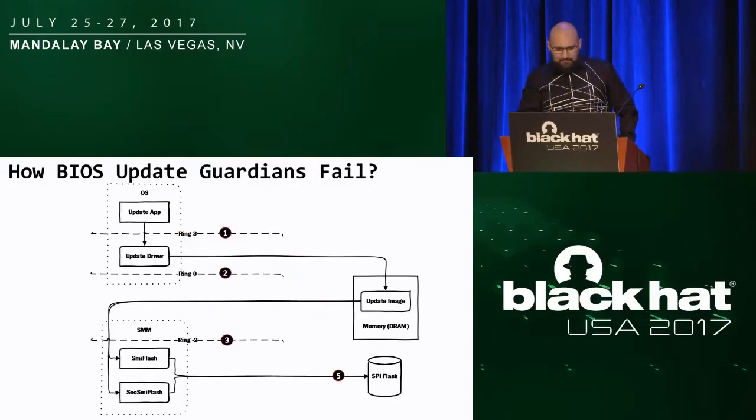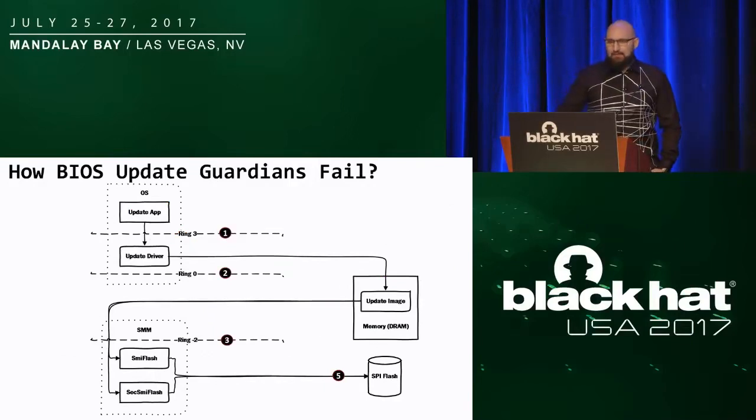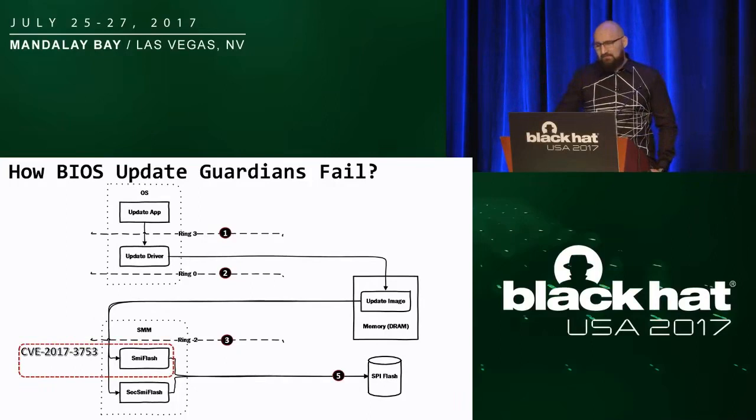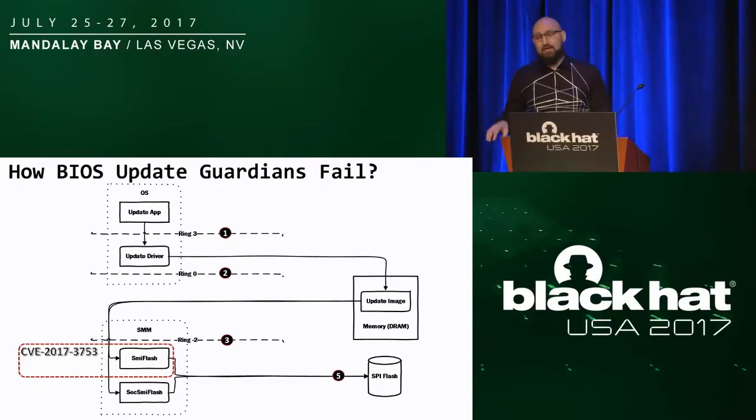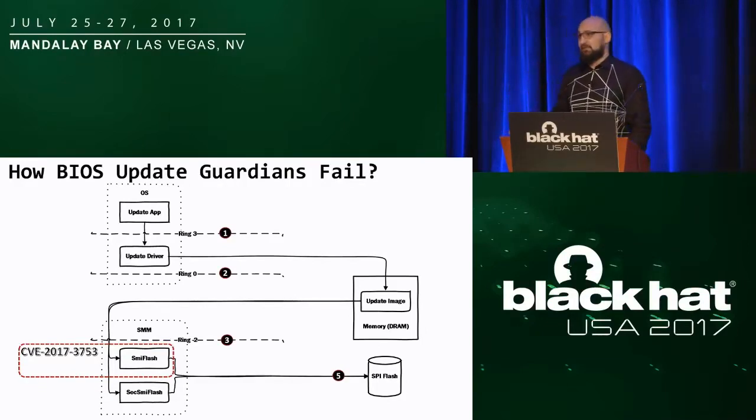Okay, but what's new for this talk and how do update guardians fail? The thing is, we have a ring three application which installs and registers a kernel mode driver, and this kernel mode driver communicates with the BIOS, specifically with the SMM driver, SMI Flash or Security SMI Flash.